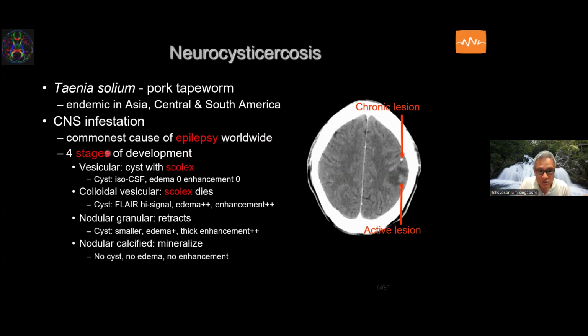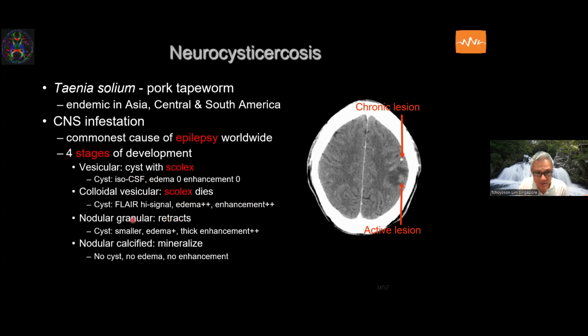The classic description of the brain appearance of neurocysticercosis is divided into different stages with different appearances on both CT and MRI. It starts off as a simple cyst without edema or enhancement, moving on to a vesicular colloidal contrast-enhancing and edematous cyst when the parasite dies.